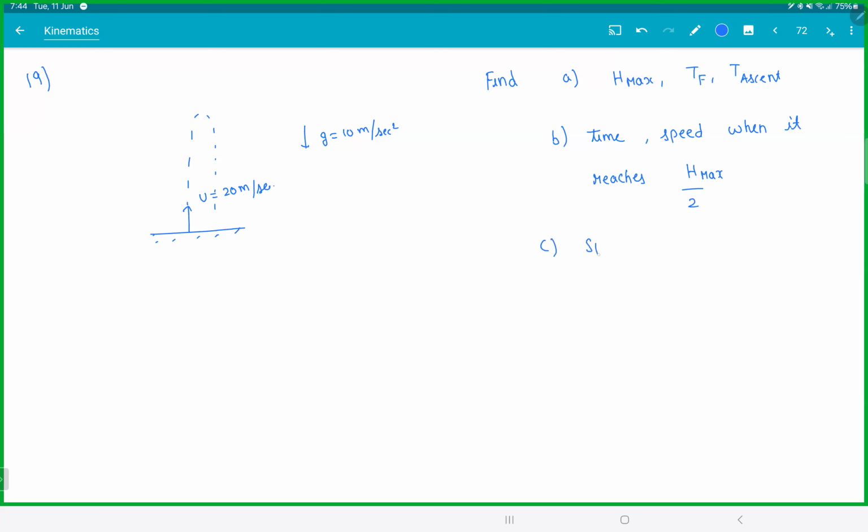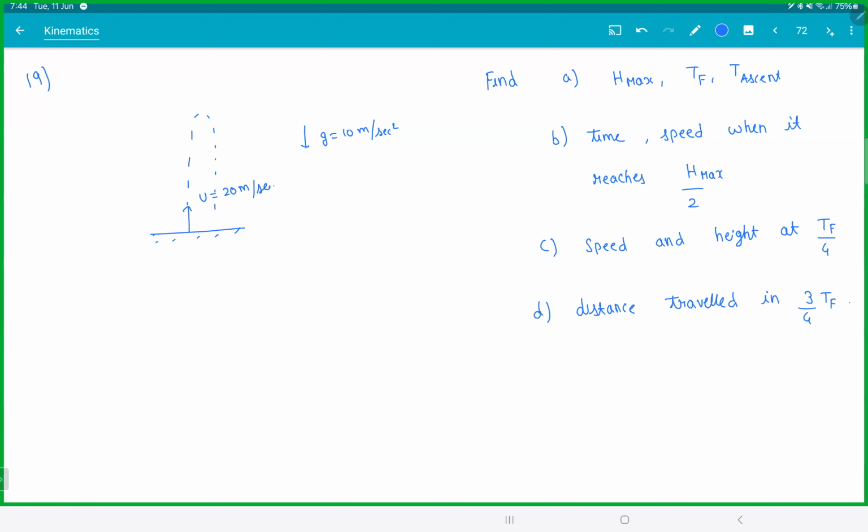Speed and height at 1/4 of the time of flight. Distance traveled in 3/4 of time of flight. There. Let's get them out.